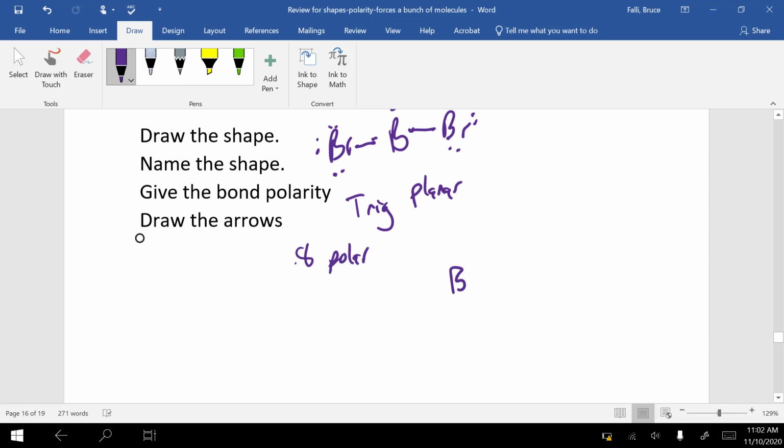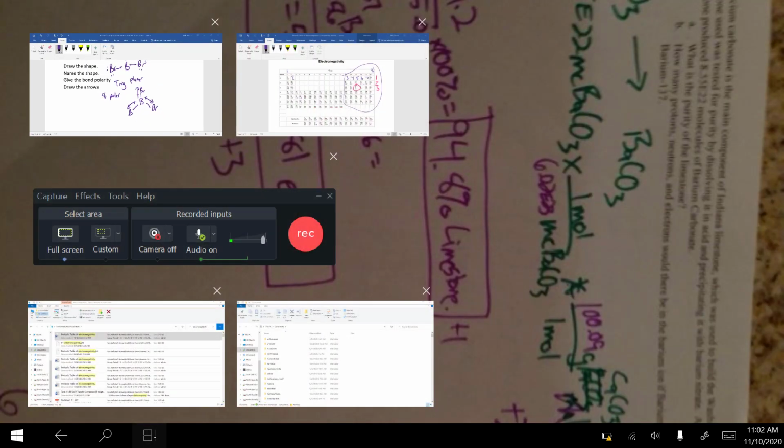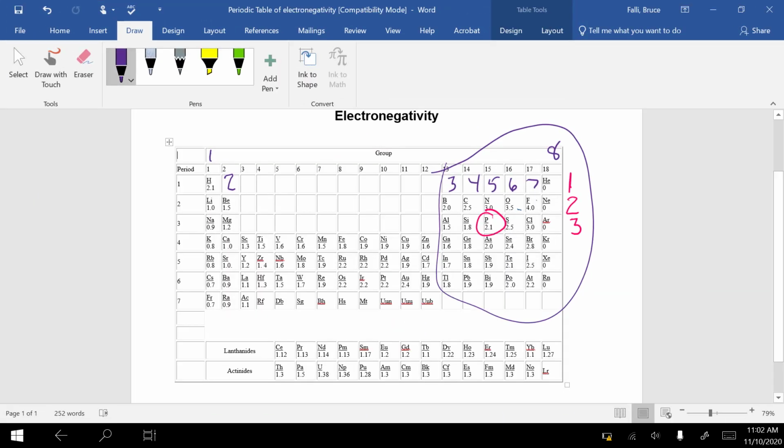So I'm going to draw this as trigonal planar, and I'm going to draw my arrows at bromine. Was bromine more electronegative? I don't remember. Bromine was 2.8. Boron was 2.0. It was.